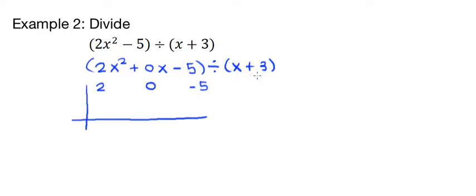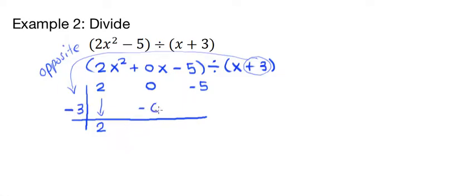Over here at the corner we write the opposite of this guy. Opposite of the number plus 3 is the number negative 3. Okay, so we start by bringing this down, 2, then we multiply these two guys. 2 times negative 3 is negative 6. We place the result here.